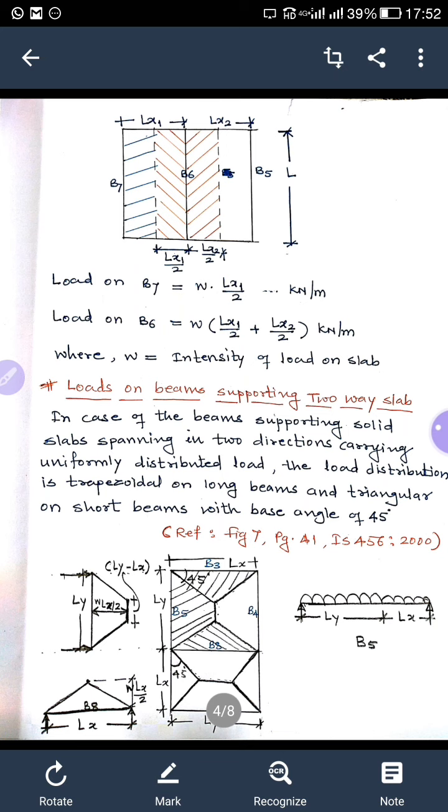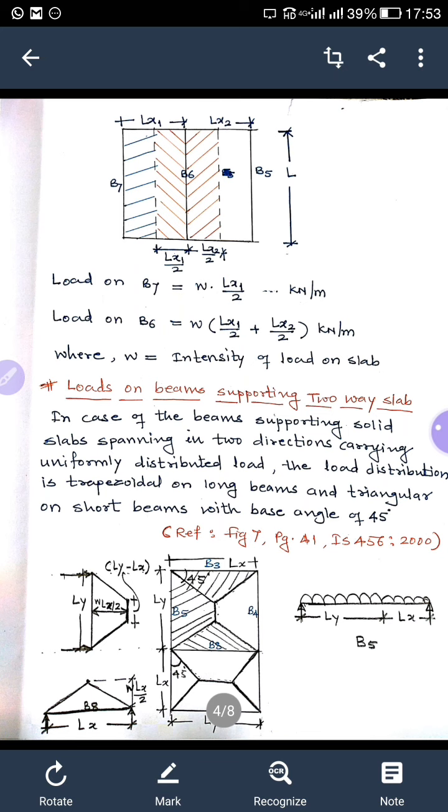Now if I am referring to the B6 beam over here, you can see it is an intermediate beam and it is having S1 and S2 slab panels. So half of the load from S1 will be there and half of the load from S2 will be there.